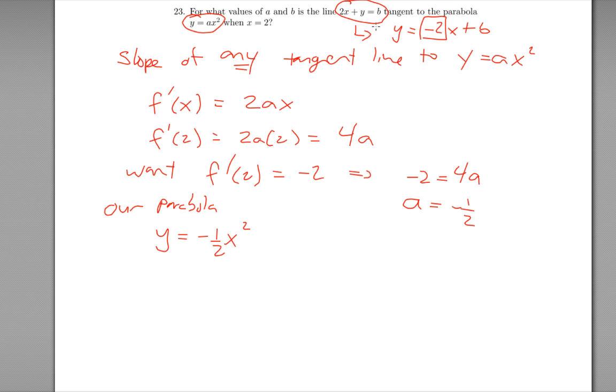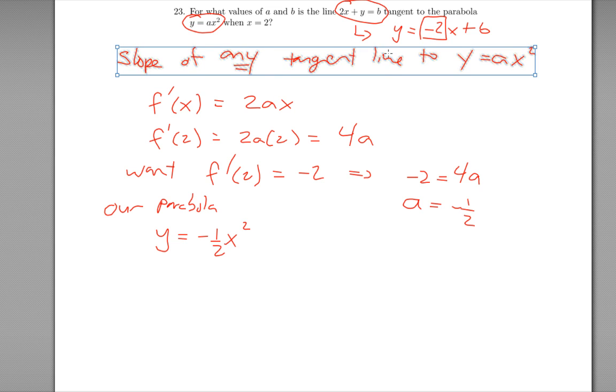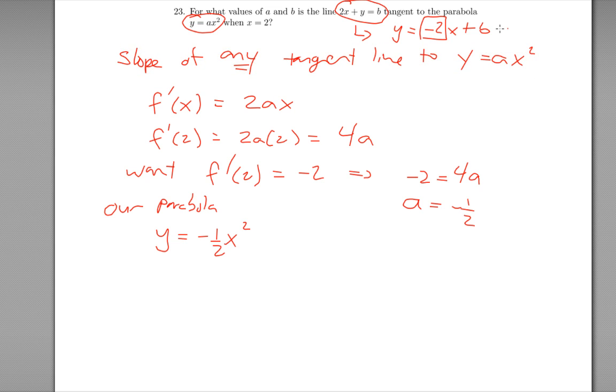And if we want to know what b is, what we can do is this: this is the equation of the tangent line that they want, y equals minus 2x plus b. This equation of the line must also go through the point that they want the tangent line to come from, right? So when x equals 2, our parabola is negative 1/2 times 4, which is negative 2.